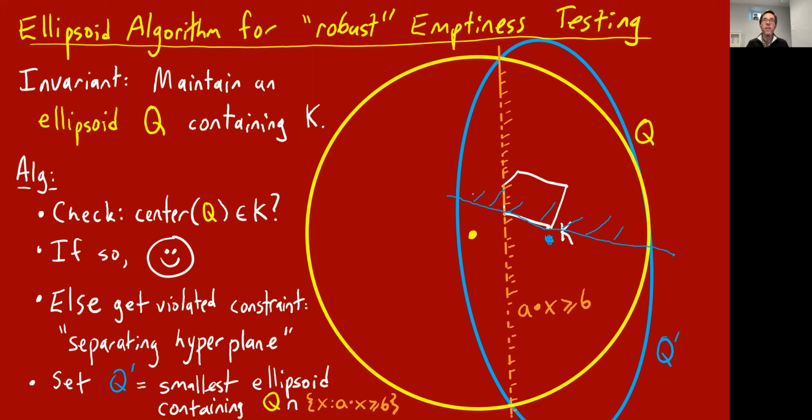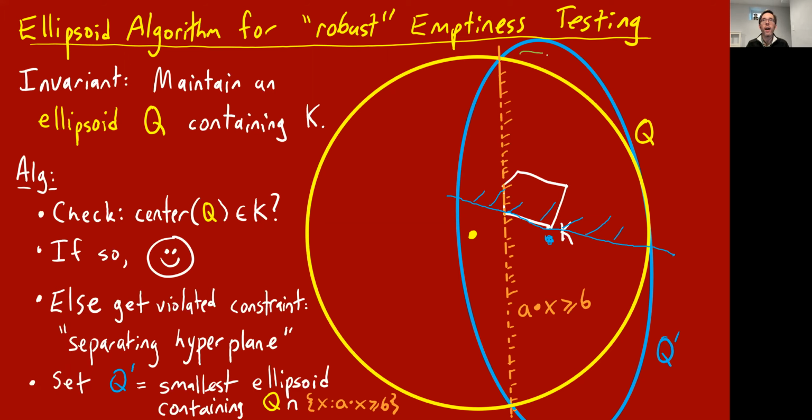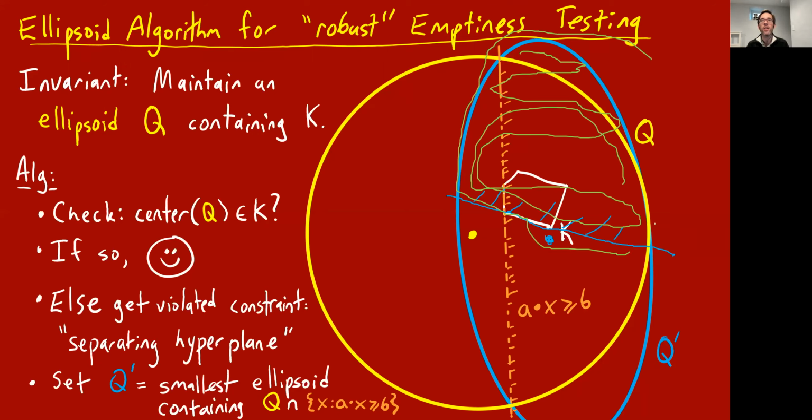So then again, you know that K, wherever it should be, is inside this region, the intersection of your current Q prime and your half space. Then you pick the smallest ellipsoid that contains this new region, some ellipsoid that looks like this, that contains the dome that you just cut off, and you iterate.